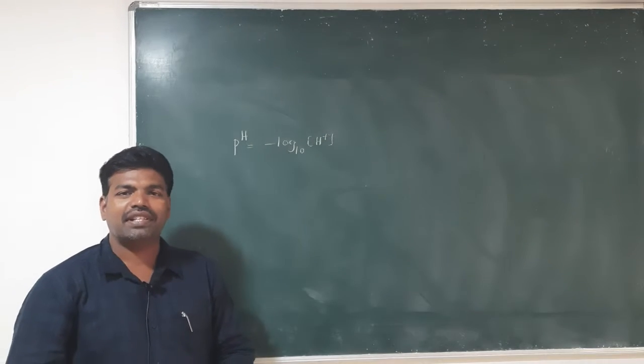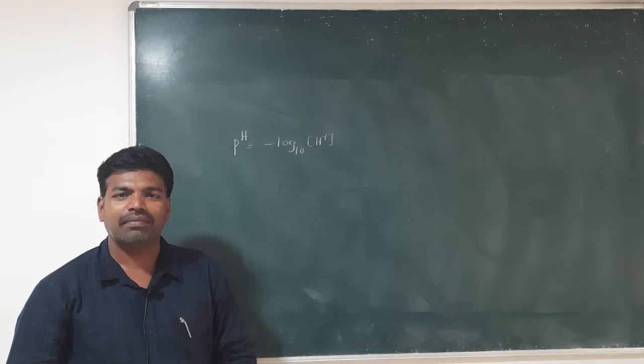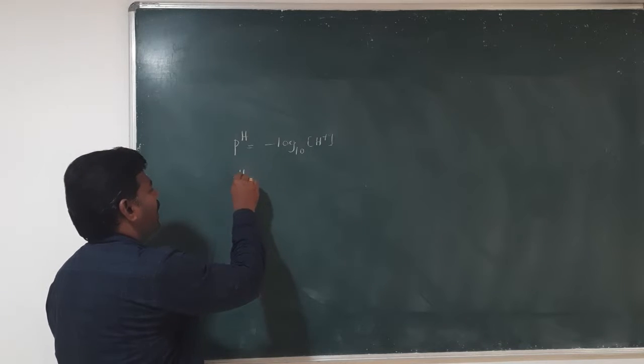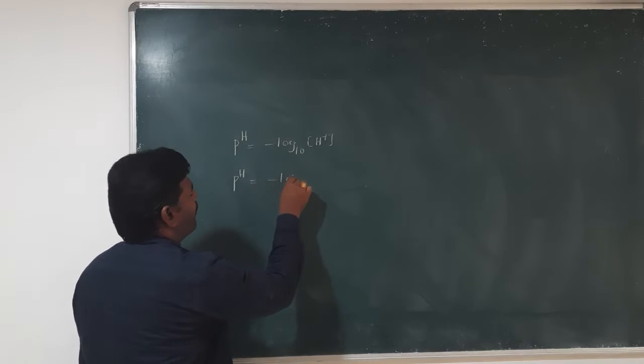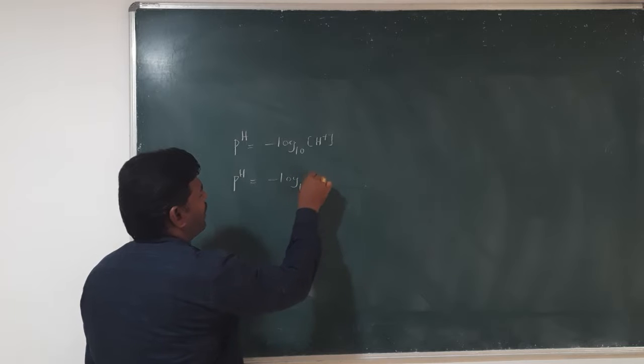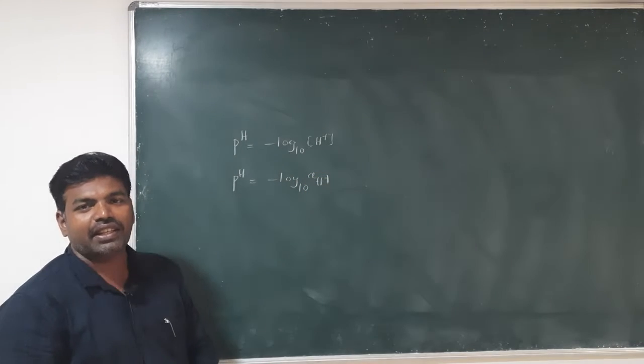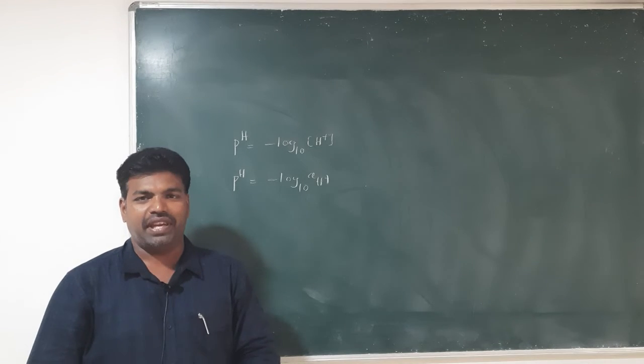Another definition that we came to know from the last videos is that pH is the negative logarithm to the base 10 of the activity of H plus ions. So these are the two definitions for pH.